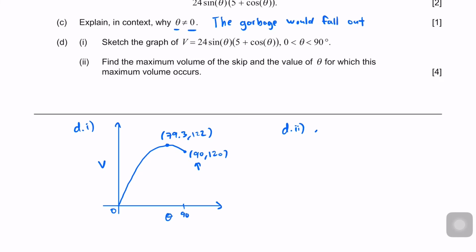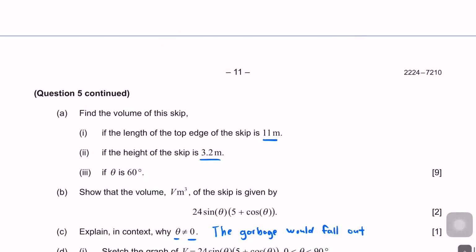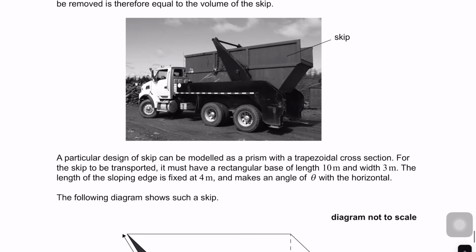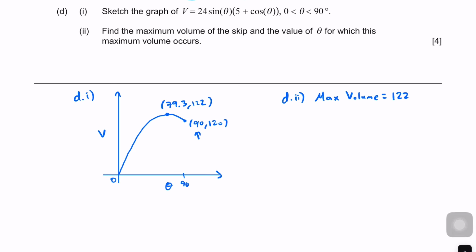So max volume is equal to 122.3, or 29. Let's leave it at 1.22. And then I think it's meters cubed, is it? Meters cubed.